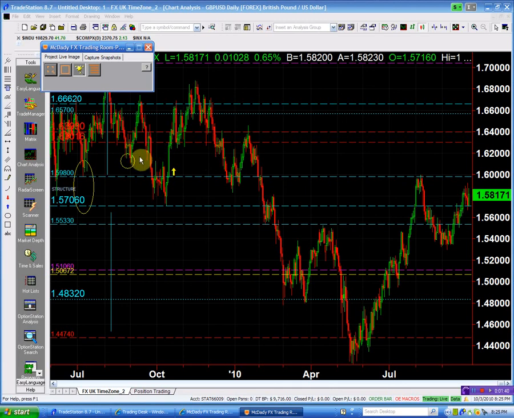The long stop, if I'm going to go long above 158.72, we're going to place our stop where this market has closed, which is 158.24. So my stop on the long is 158.24.